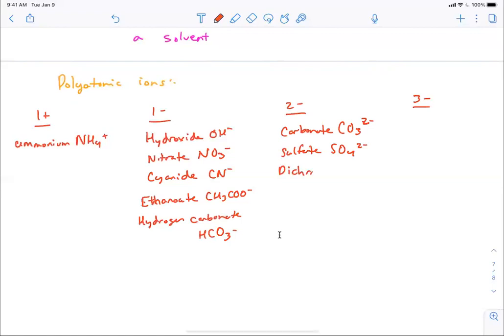We have dichromate, which is Cr2O7 2-. And then we have phosphate, PO4 3-.